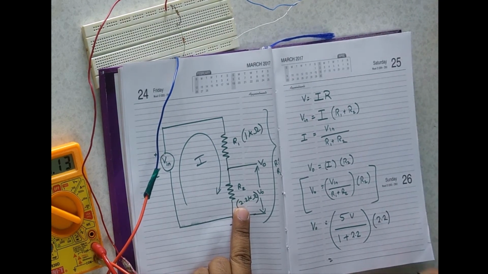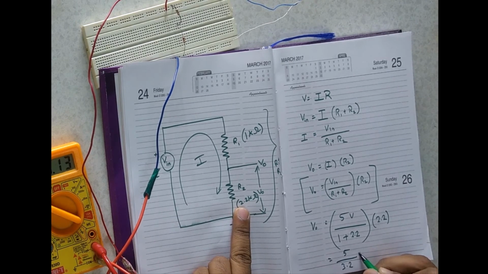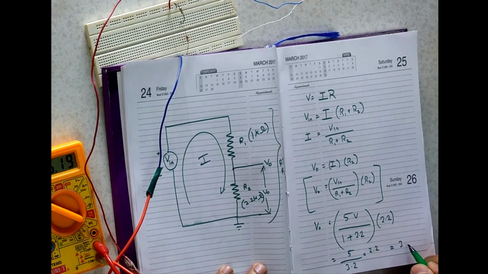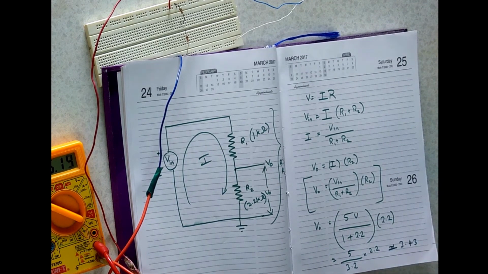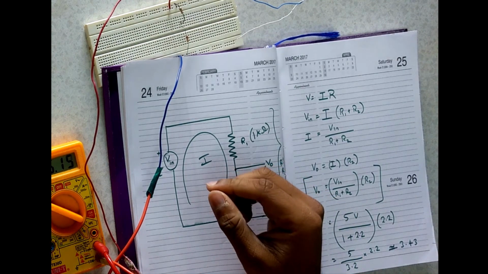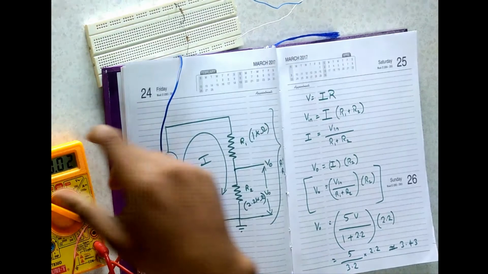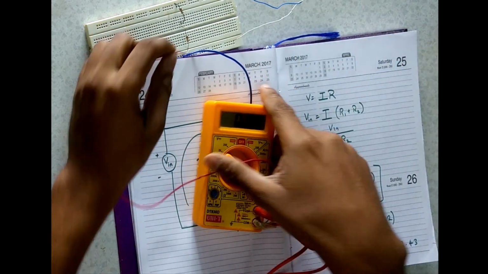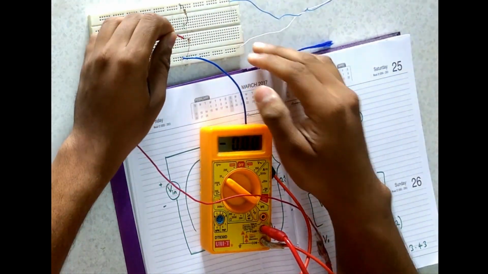So it is 5 by 3.2 into 2.2, which is approximately 3.43. Now, if Ohm's law is correct, we should get 3.43 on the voltmeter when I measure across the junction of the resistors and the ground.